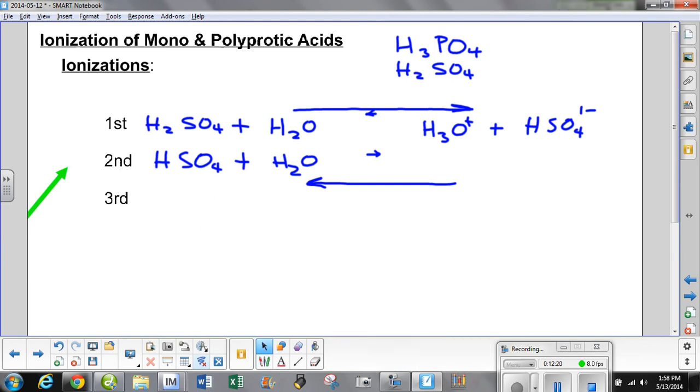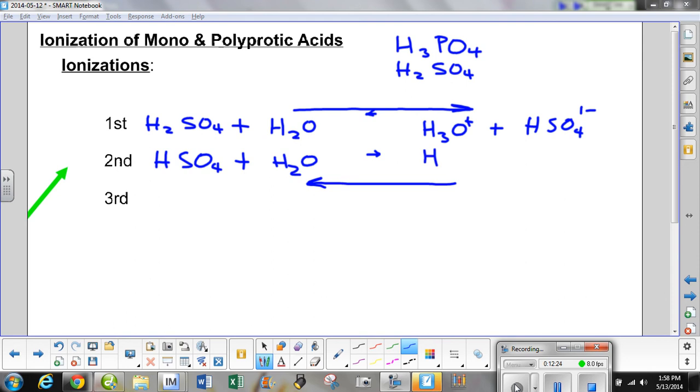Great. Okay, now, we got the H3O over here, and he's a plus, and what's left? And what do we call this guy? SO4 2 minus is what? Sulfate ion. Yeah, there we go. Okay, you got it. Excellent.